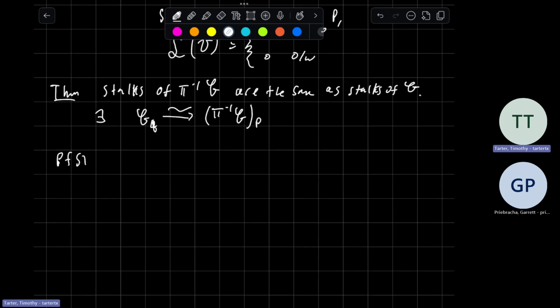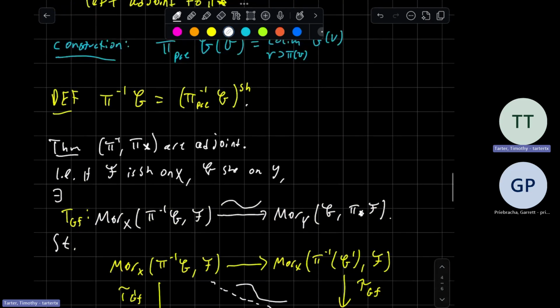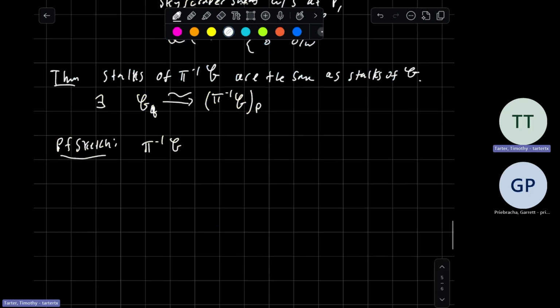For a sketch, they recommend using the colimit definition. So pi inverse G is the sheafification of the colimit.